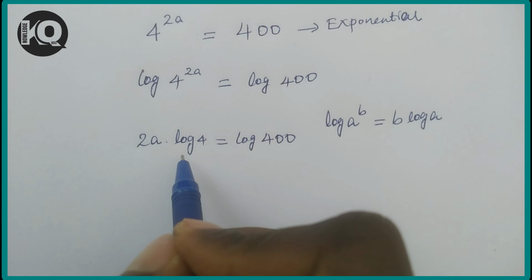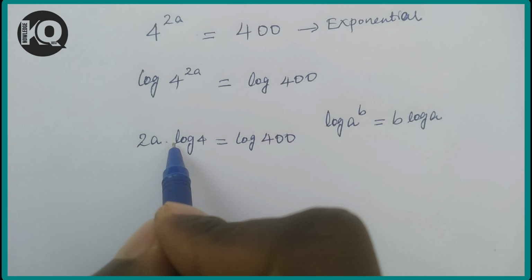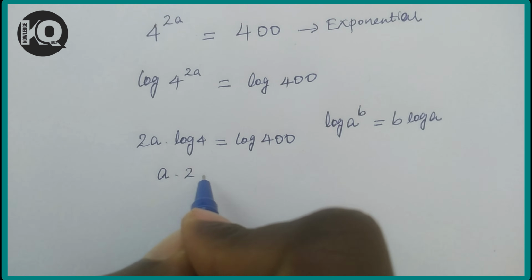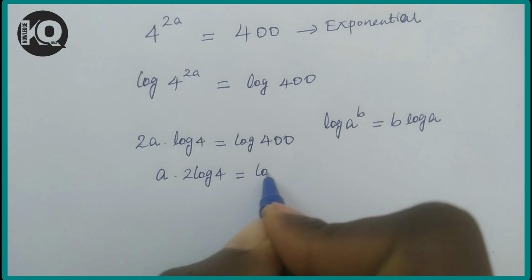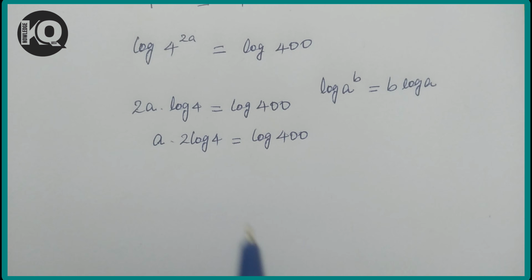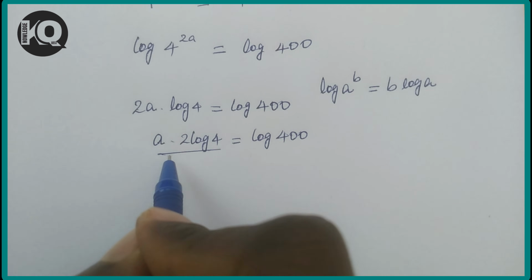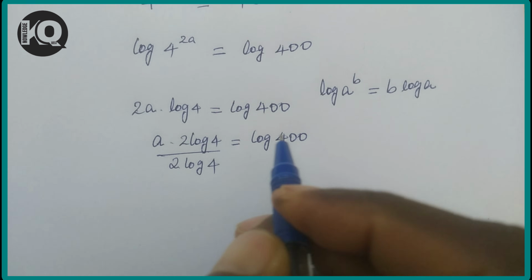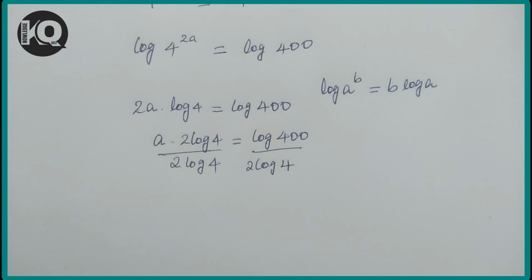Now let's rewrite this one. We can take this coefficient into this part, so it can be written as a times 2 times log 4, which is equal to log of 400. Now let's divide both sides of the equation by 2 times log of 4, so we will get a times 2 times log of 4 divided by 2 times log of 4.